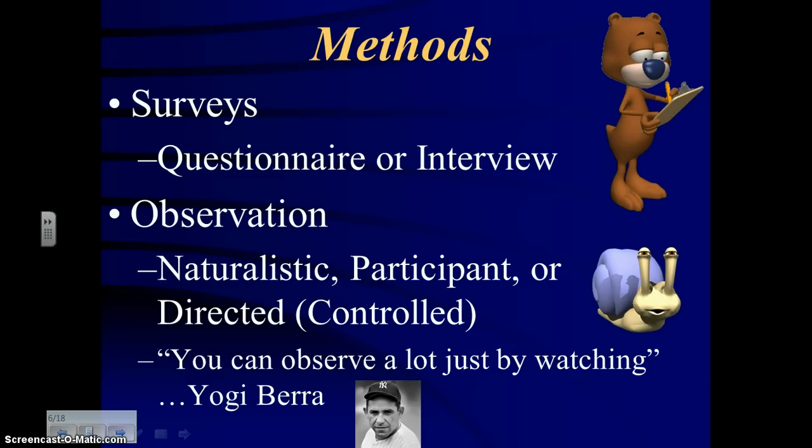Participant observation. Participant is when the observer actually participates along with the group that they are researching. Now, this can be done in a number of ways, and it can be done with or without the group's knowledge. So someone may be secretive and just join a group and be kind of undercover, so to speak, and watching to see what goes on, or it may be blatant, where the group knows that a person's there.